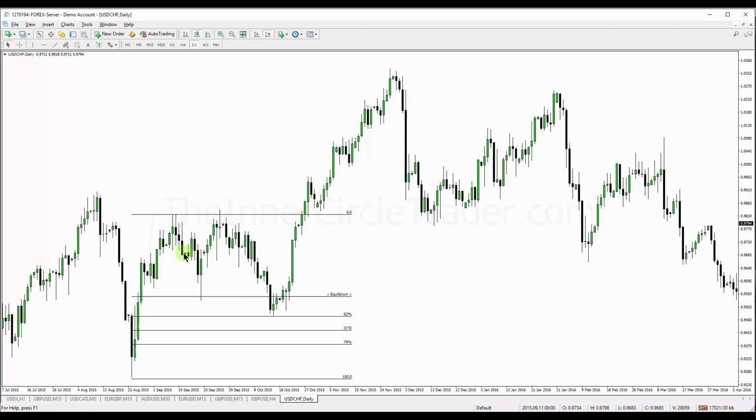When that happens, you're now allowed to start looking for the market to come down into equilibrium. That means the 50% level. Once you're at the 50% level on a higher time frame, and we start everything at the daily chart, we know that between the low here and the high here, the market has now gone back to equilibrium.